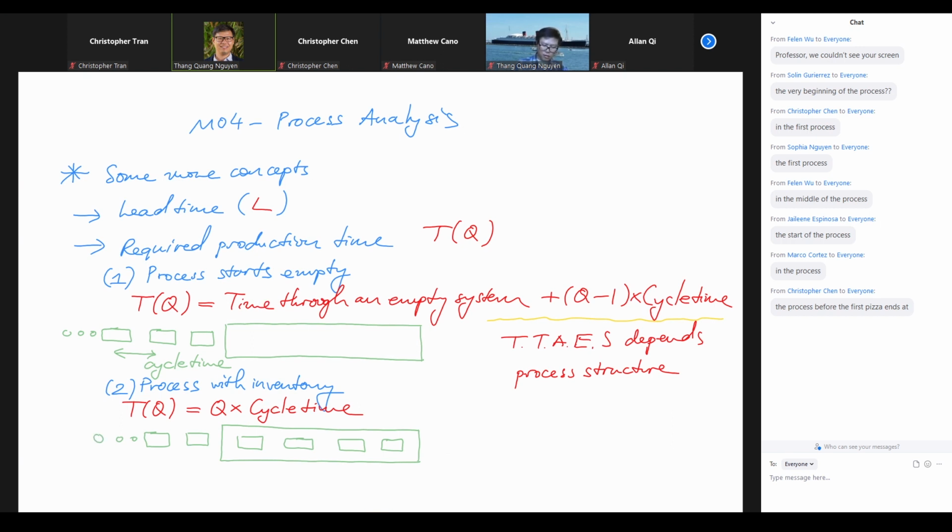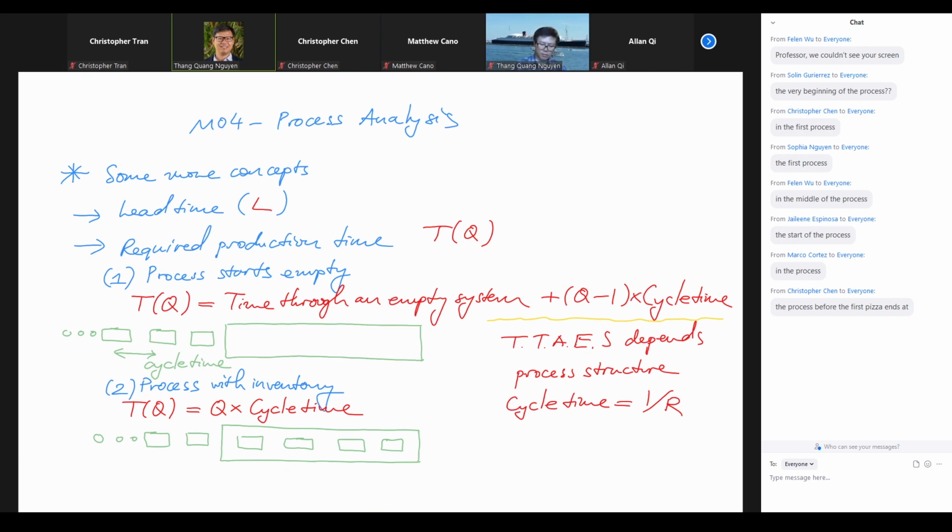Okay, so you might ask yourself, what is the cycle time? Remember, the cycle time is calculated as 1 divided by the flow rate, right? If we know the flow rate, then we can flip it to have the cycle time.